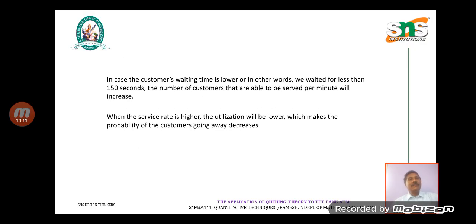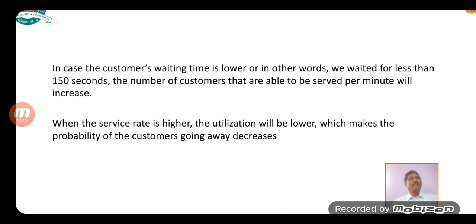In case the customers' waiting time is lower, or in other words, they wait for less than 150 seconds, the number of customers that we are able to serve per minute will increase. When the service rate is higher, the utilization will be lower, which makes the probability of the customers going away decrease.